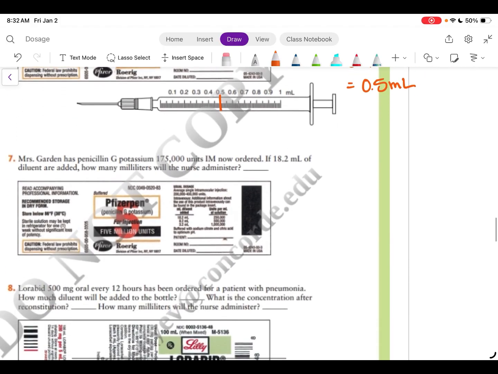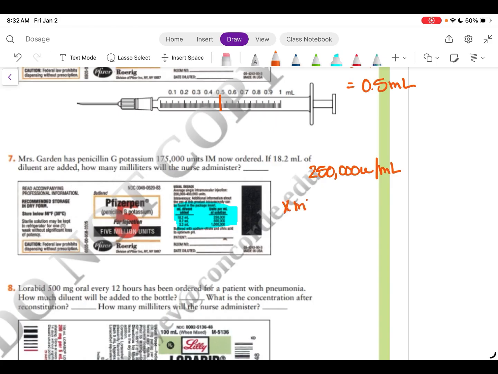Let's try another one. Mrs. Garden has penicillin G potassium, 175,000 units ordered. If 18.2 milliliters of diluent are added, how many milliliters will the nurse administer? Same label again, we're looking right here. It looks like 18.2 milliliters of diluent gives us a concentration of 250,000 units per milliliter. Now we can use that to figure out how many milliliters we have to give to the patient.